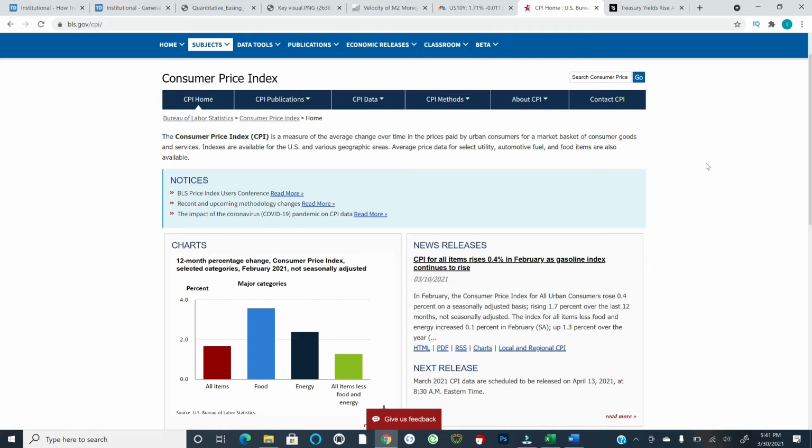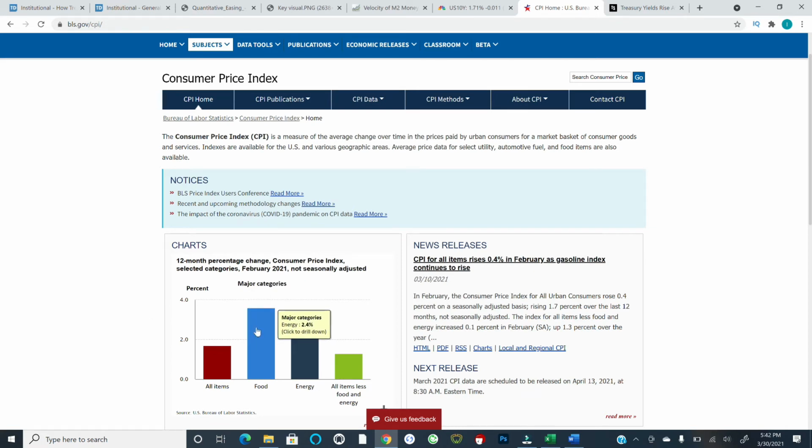As we talked about, there's asset price inflation, there's inflation of healthcare, et cetera. But even in some of the CPI components, you can see these major categories here. This is right at the government website for the Bureau of Labor Statistics, which publishes the CPI. You can see that food is up 3.6% in the 12 months as of February 2021.